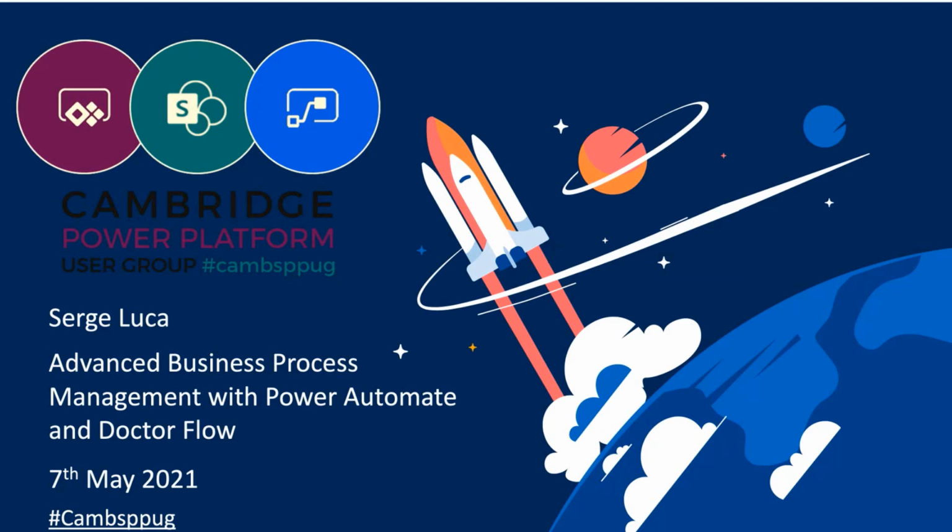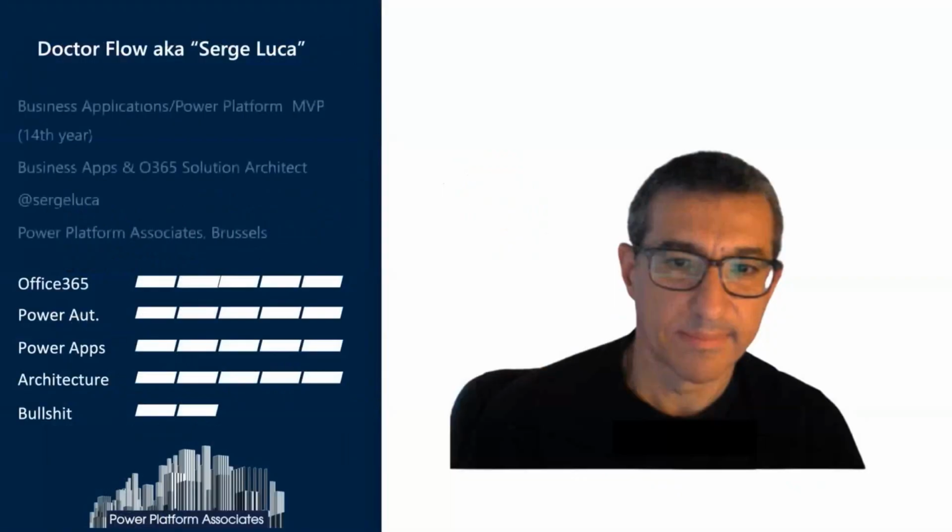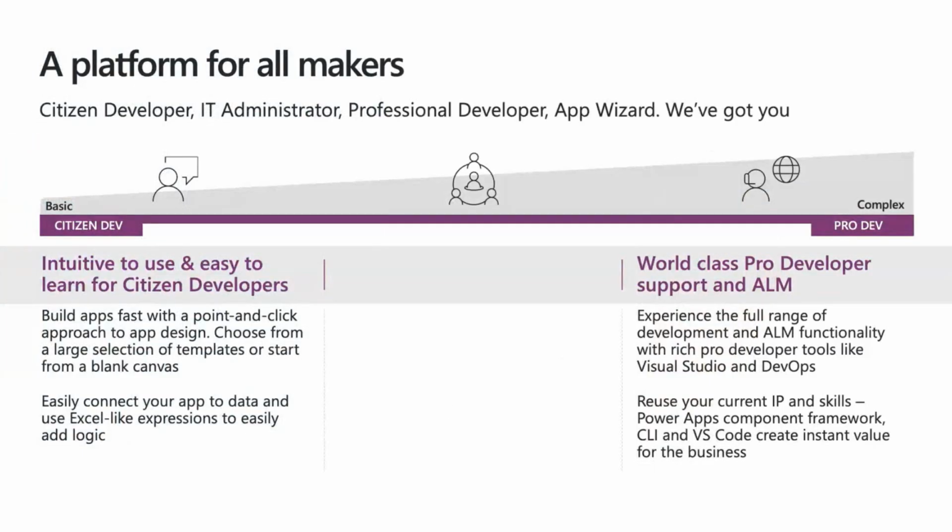So thank you, Sharon, and welcome to this advanced session. The title of the session is Advanced Business Process Management with Power Automate and Dr. Flow. I don't have to introduce myself, except that I live in Brussels, and sorry for my French accent. I hope you will understand my French-English. You know that the Power Platform targets a wide range of audience, from citizen developer to professional developer, and in between you have IT.